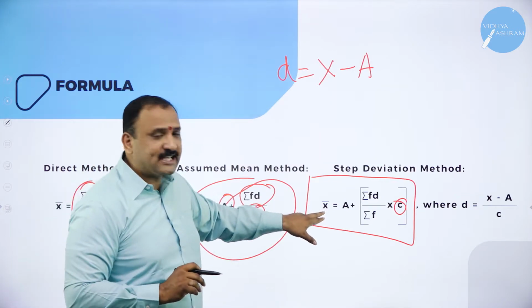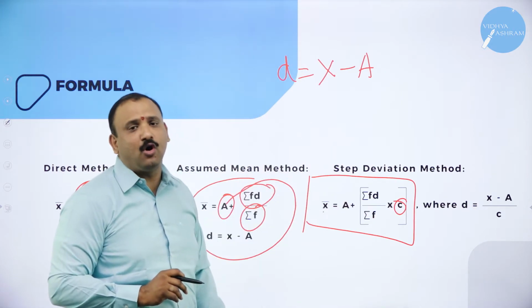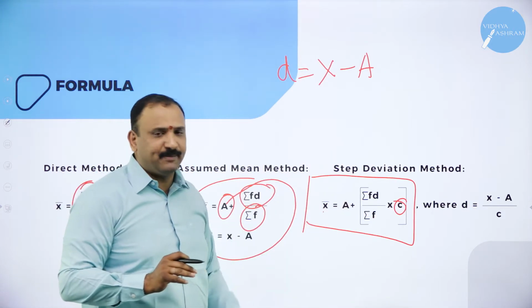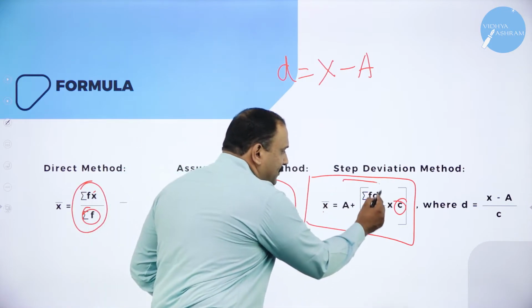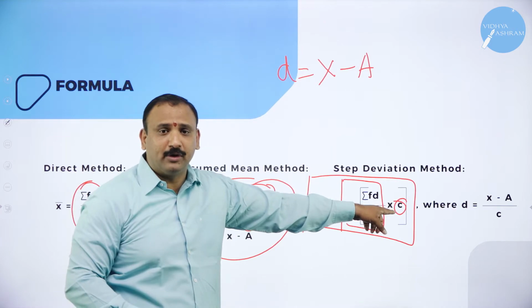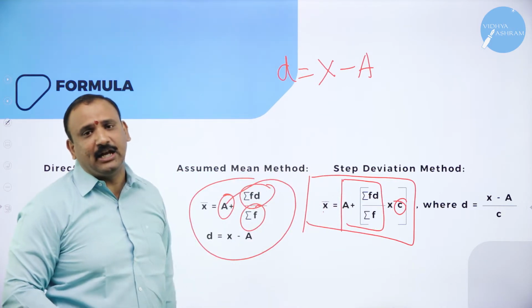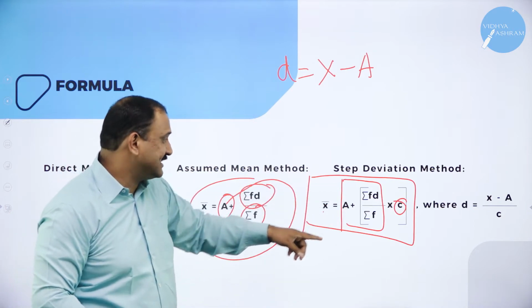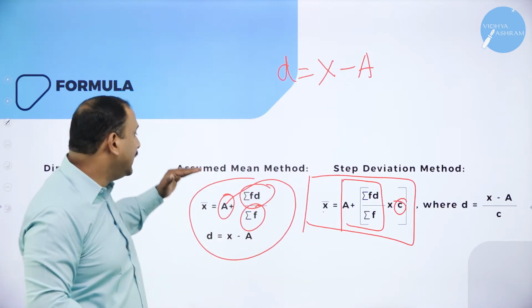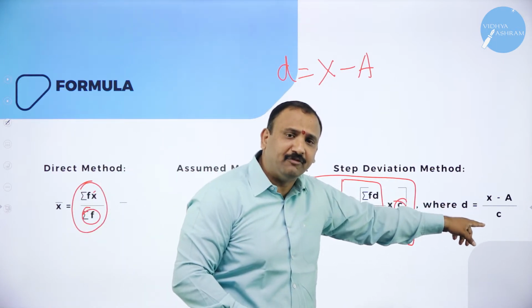So x bar equals the assumed mean A, plus summation of fd divided by summation of f. This is pretty much common that you have seen here, and now you're going to multiply that with the common factor C. Now D is equal to x minus A divided by C. So in addition to the assumed mean method, you are just going to divide it by C.